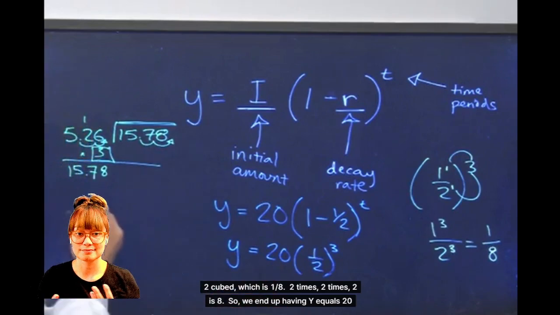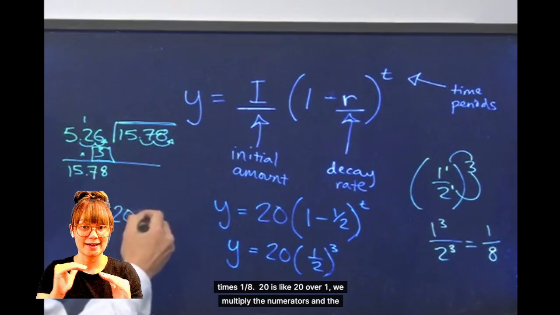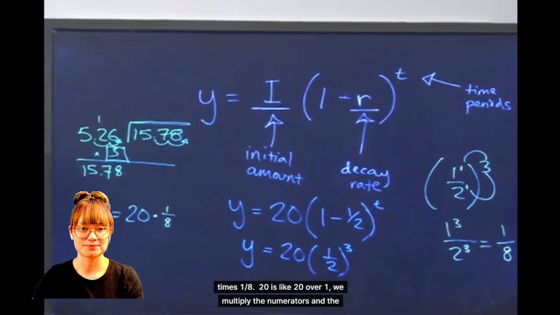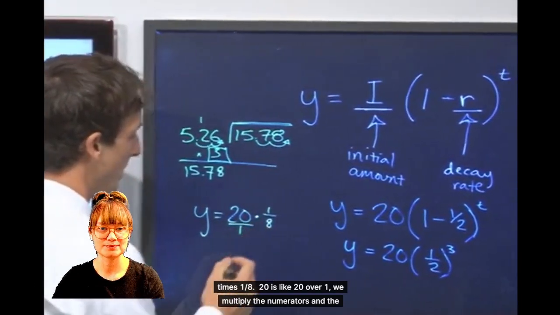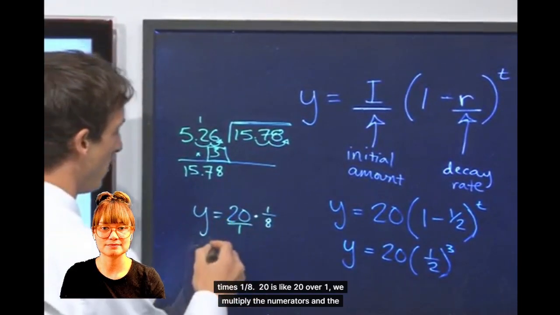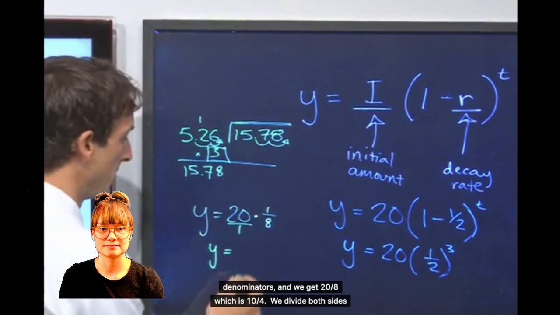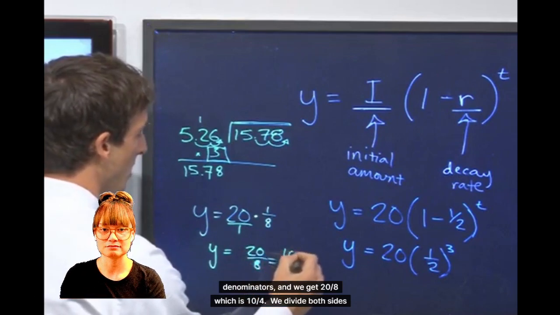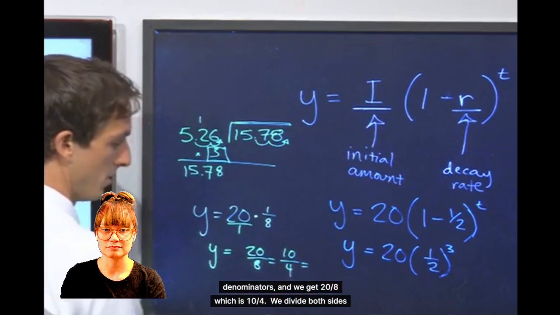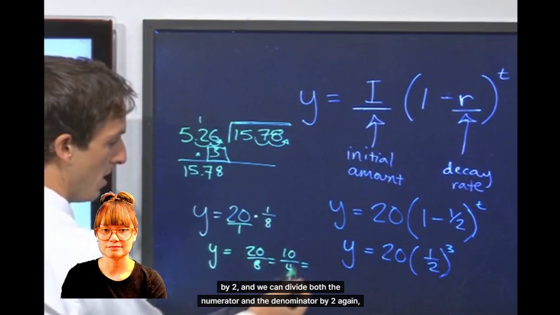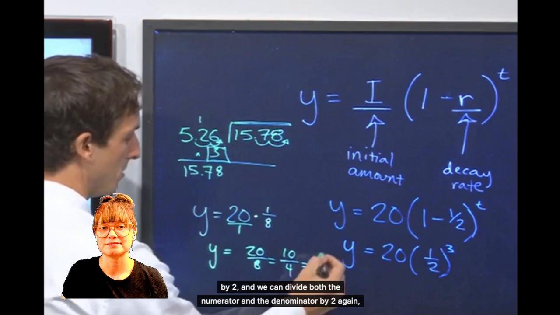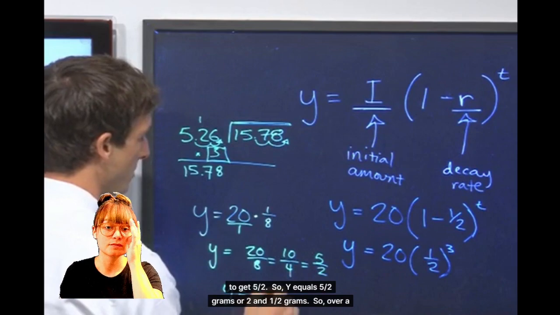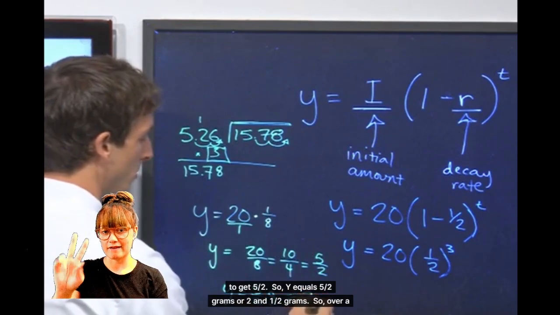So we end up having y equals 20 times 1/8. 20 is like 20 over 1. We multiply the numerators and the denominators, and we get 20/8, which is 10/4. We divide both the numerator and the denominator by 2, and by 2 again, to get 5/2. So y equals 5/2 grams, or 2.5 grams.